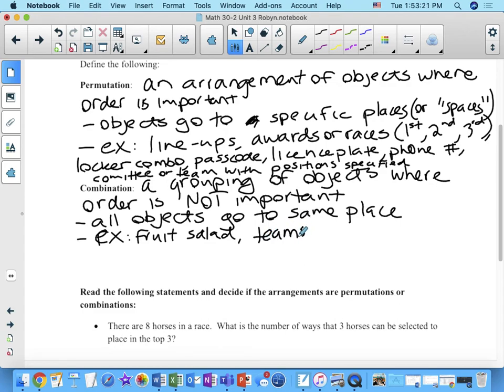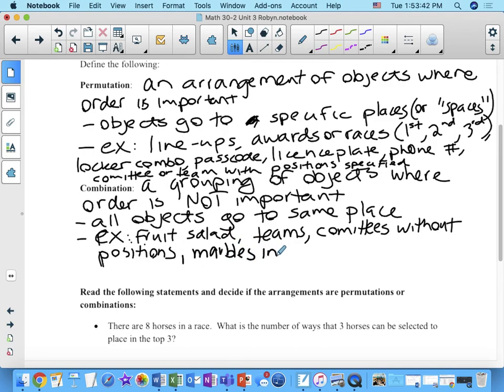Teams, committees, without positions. Sure. Students making a group for a project, right? In a group for a school project.